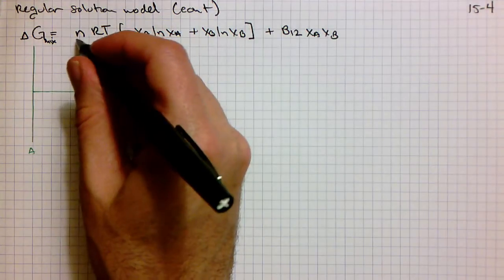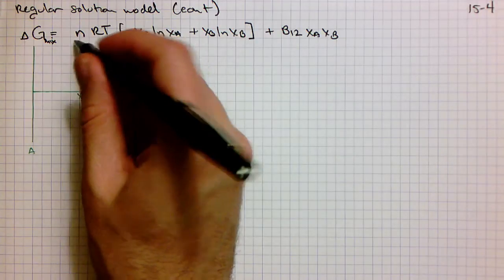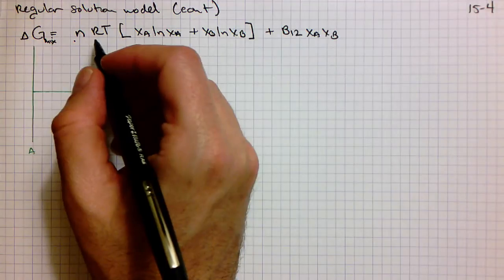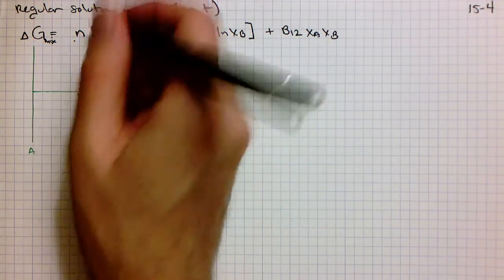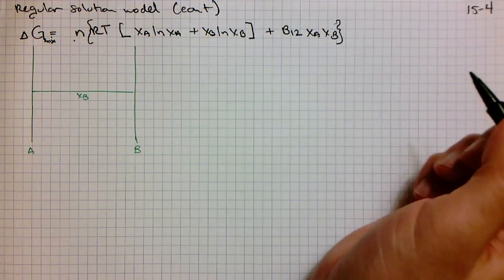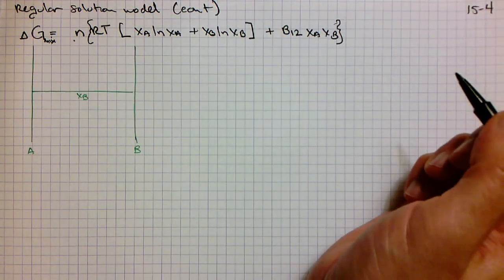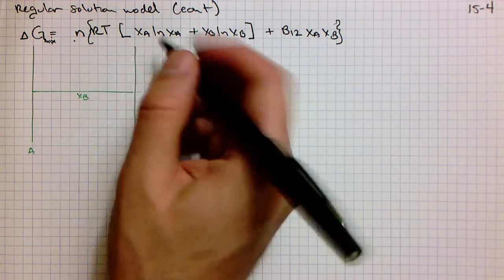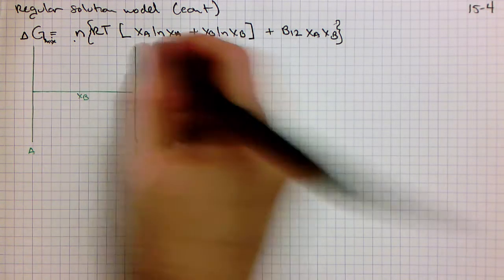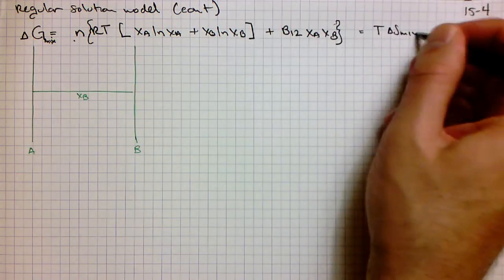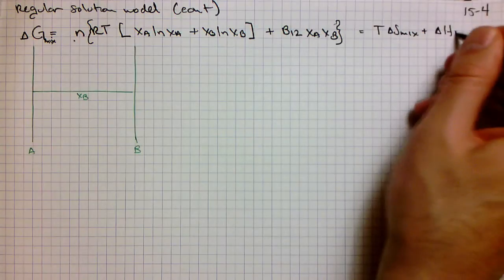I should say, this N multiplies both of these. So we have T times the entropy of mixing. We can think of this as minus T delta S of mixing plus the delta H of mixing.